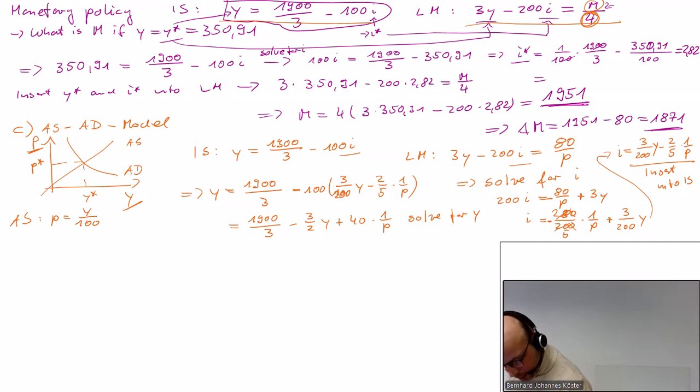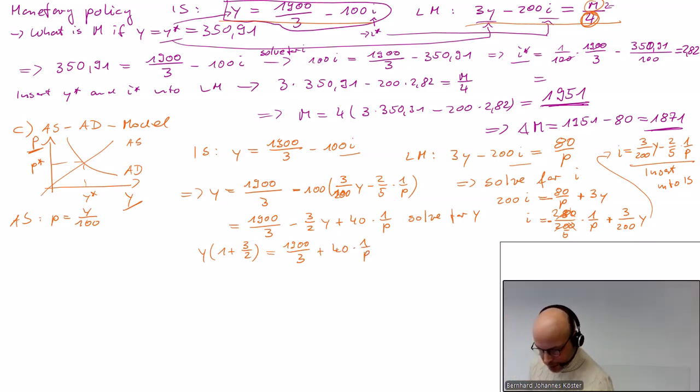So then we have y times 1 plus 3 over 2 equals over 3 plus 40 times 1 over p. This is 5 over 2.